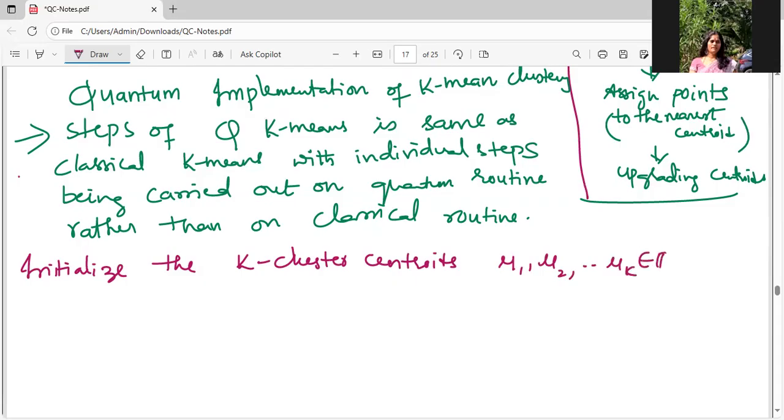They belong to R^n space, using a heuristic similar to that in the classical version of k-means. For instance, one can randomly choose k data points as the initial clusters.